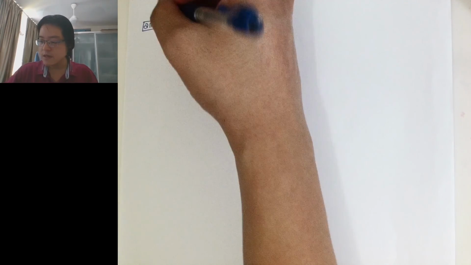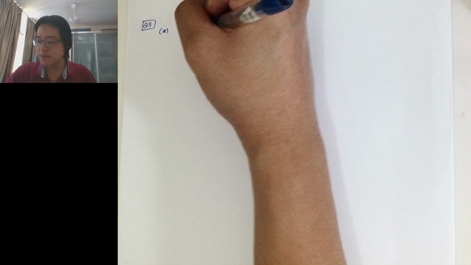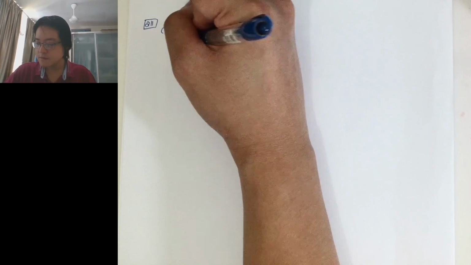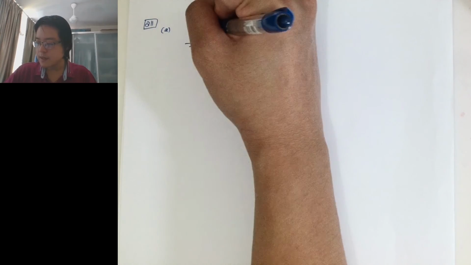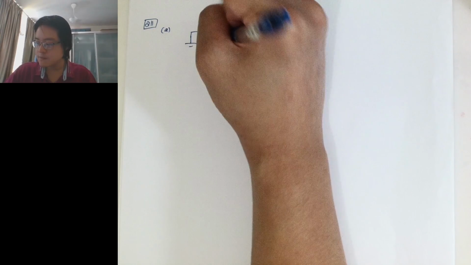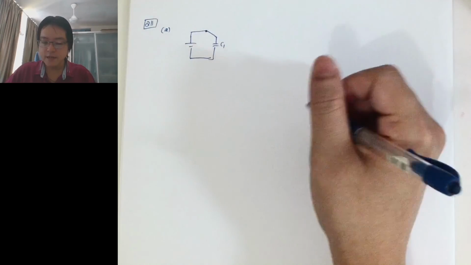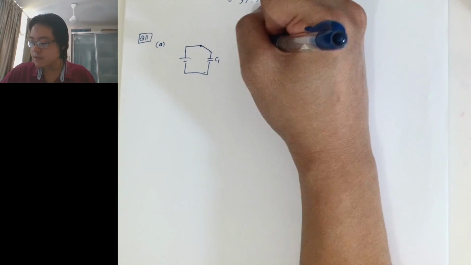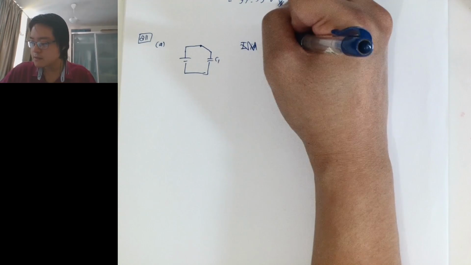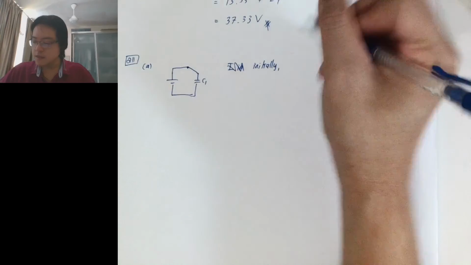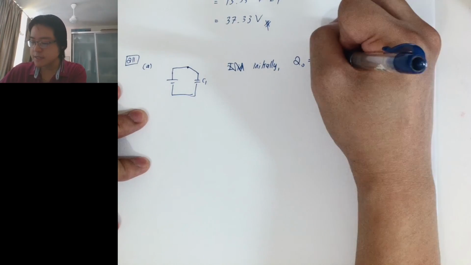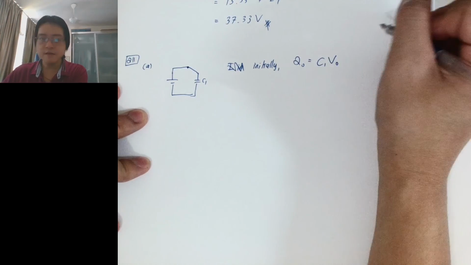So initially, I have a battery attached to the capacitor C1. I want to find the initial charge of the capacitor, which is just C1 times the voltage, right?